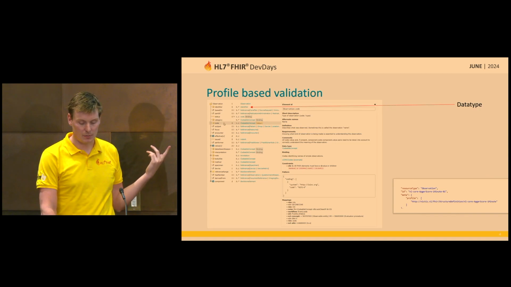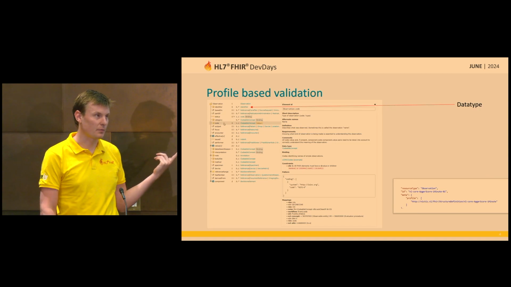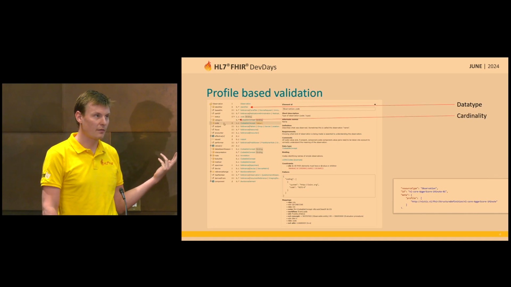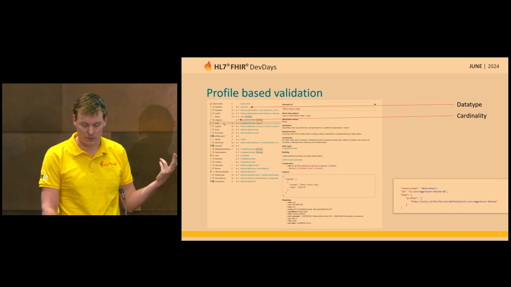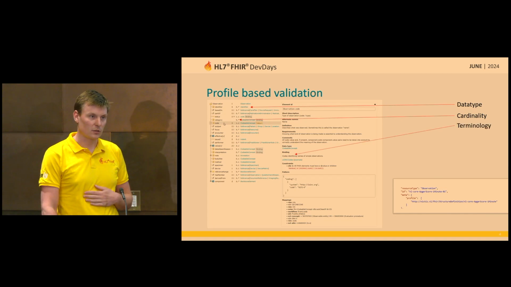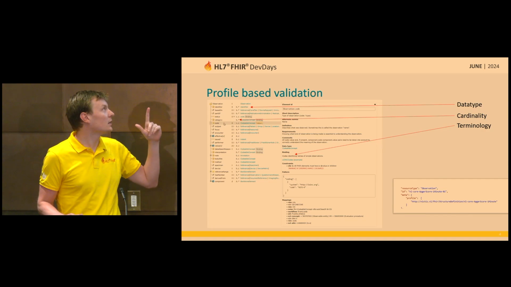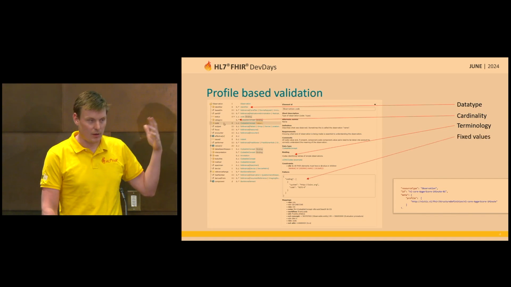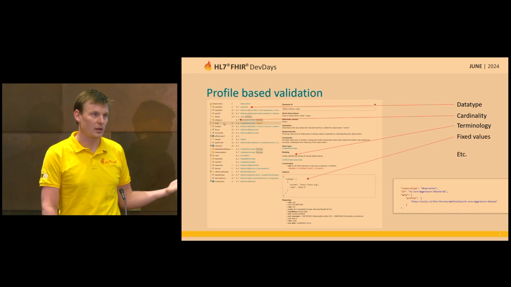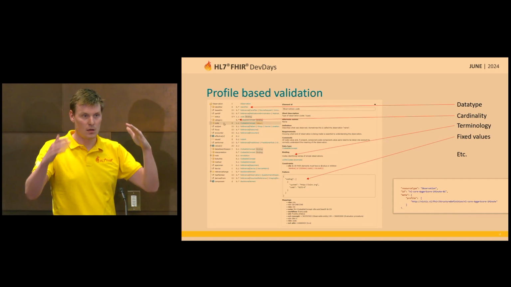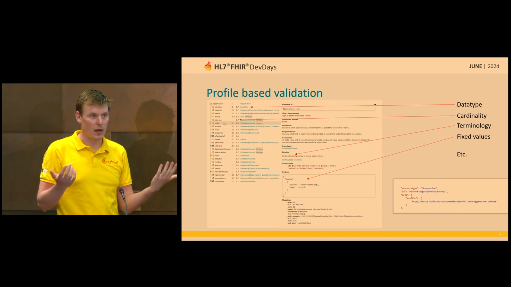So we'll check data types. For example, do we have the correct data type for this element? We'll check cardinality. Do I have this required element, for example, in this resource? It will check the terminology. Do I actually conform to whatever value set is based there? And it will do fixed values, etc. So actually all those rules that have been specified in this profile, it will validate those and will give you an outcome.